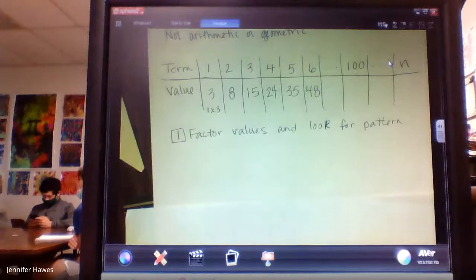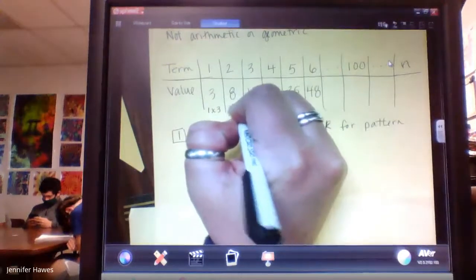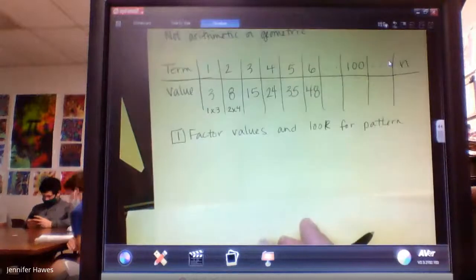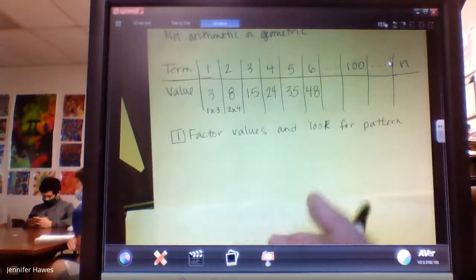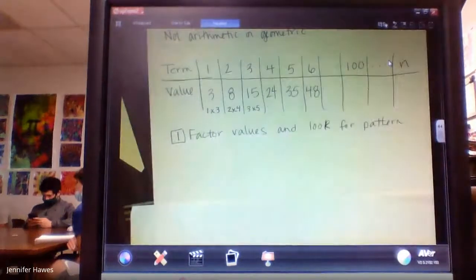So since I wrote 1 times 3, I'm going to put my smaller number first. What multiplies to give me 15? Okay. What am I going to put for 24?